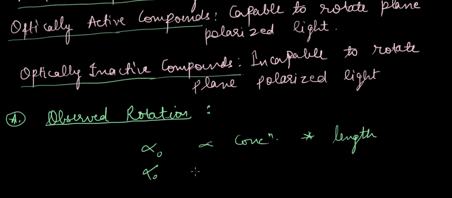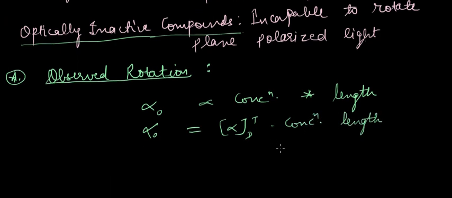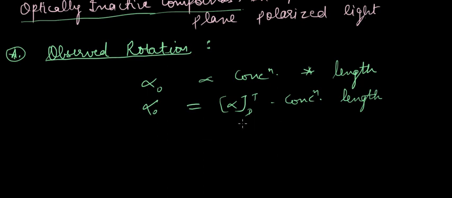So alpha will be equal to, at a particular source of light and at a particular temperature, the specific rotation into concentration of the compound into the length of the polarimeter tube. Here, this is the specific rotation constant.